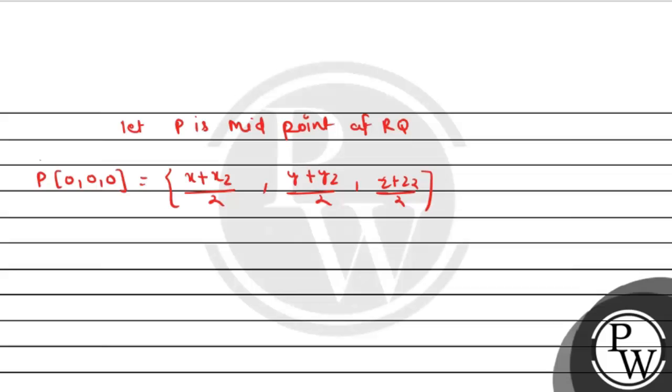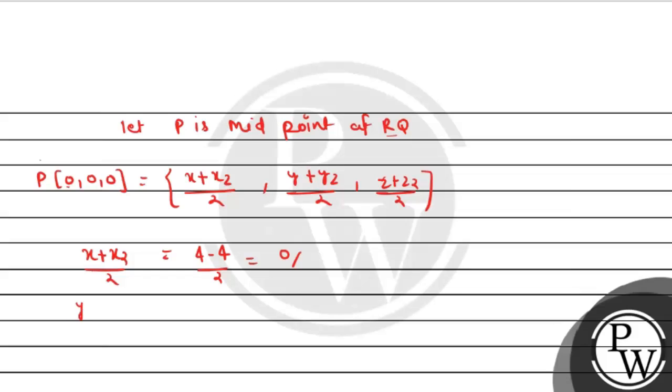So let's find (x1 + x2) upon 2. That will be (-4 + 4) upon 2, so that is 0. Yes, this satisfies the condition. So the first coordinate of P satisfies the first coordinate of the midpoint of RQ.